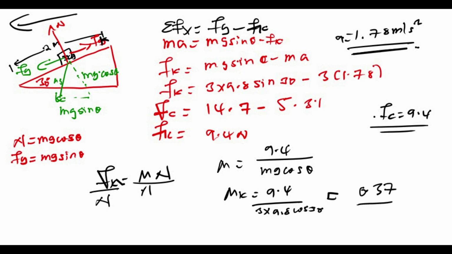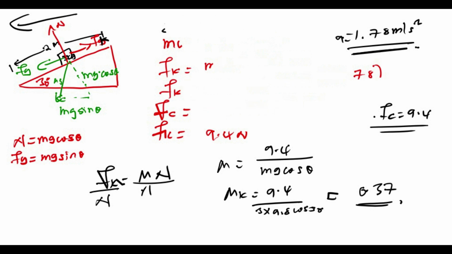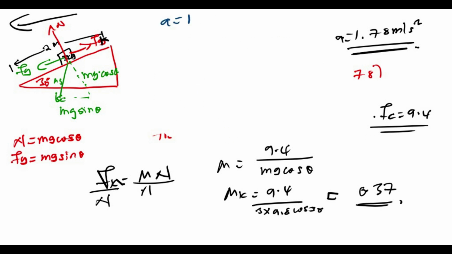So now I have, allow me just to do this. I put it here. So I have acceleration being equal to 1.78, my mu being equal to 0.37, and my friction force, since everything is in two decimal places, let's just say 9.36 newtons.